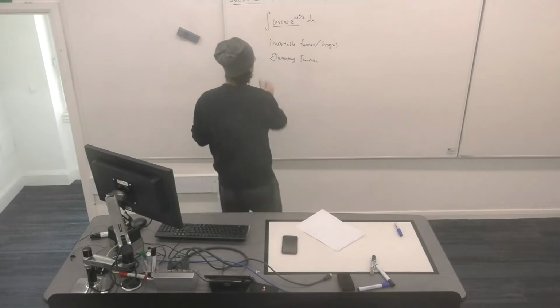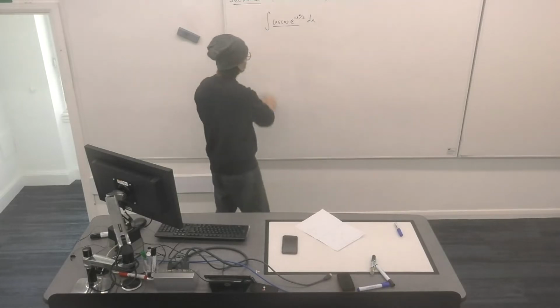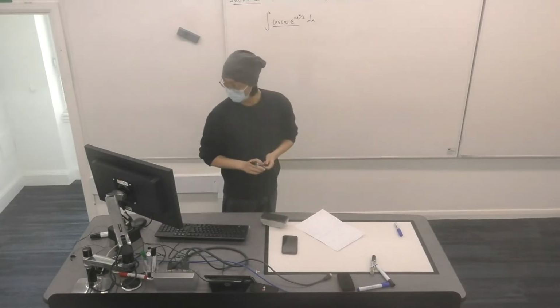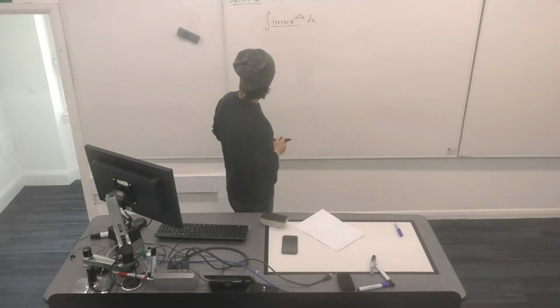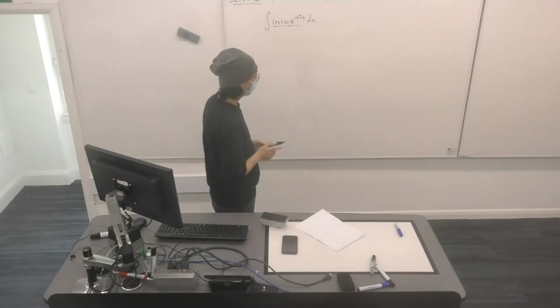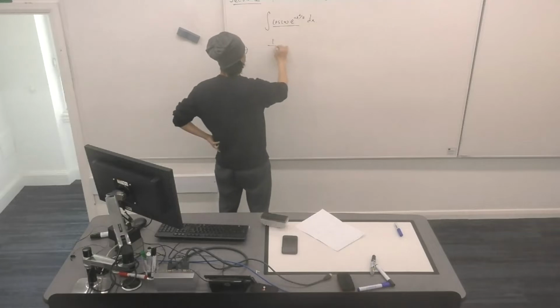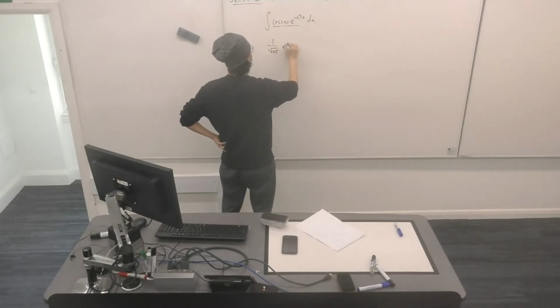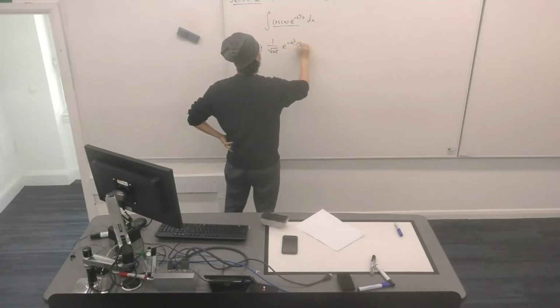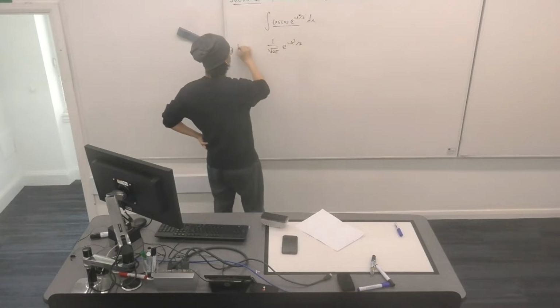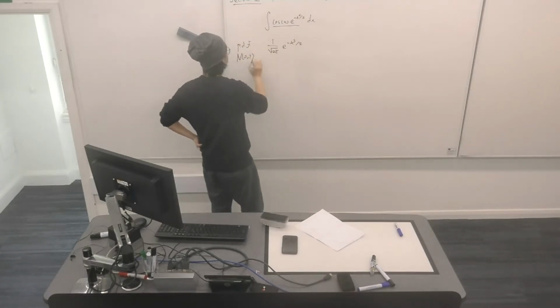Now, how should we integrate? Well, if any of you took the easiest class in probability theory, you may realize that this is the probability density function of normal 0, 1.